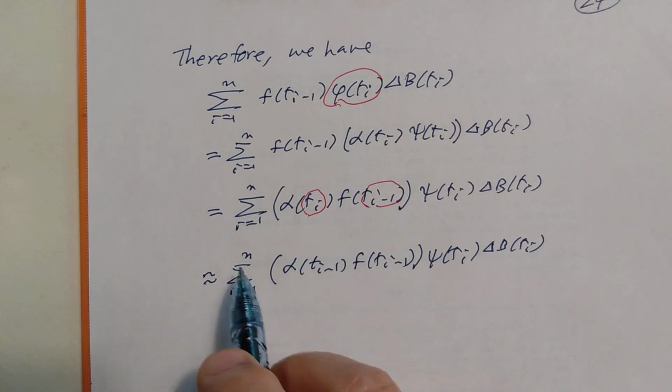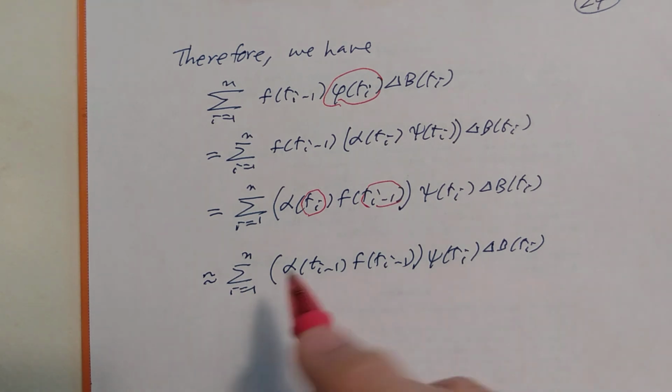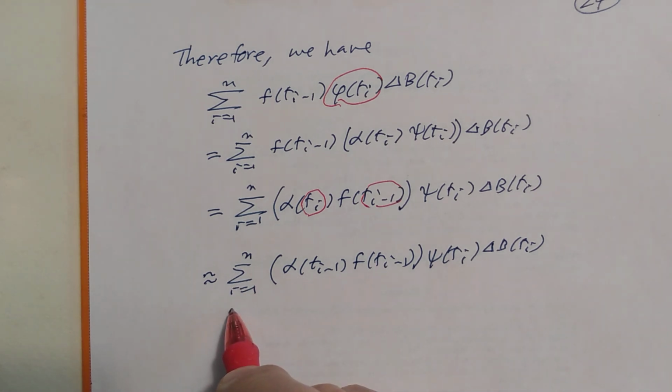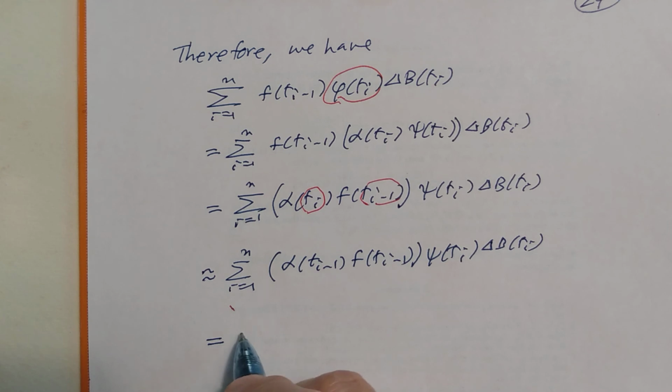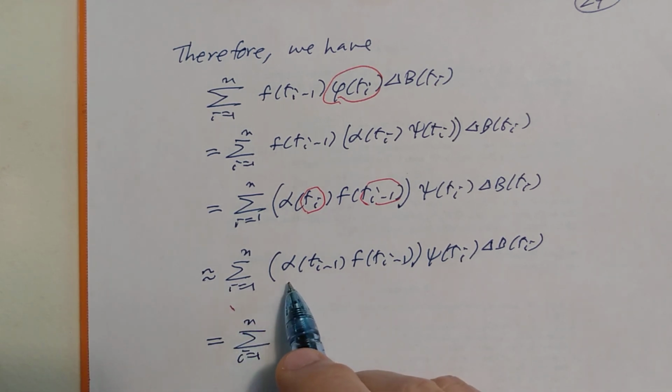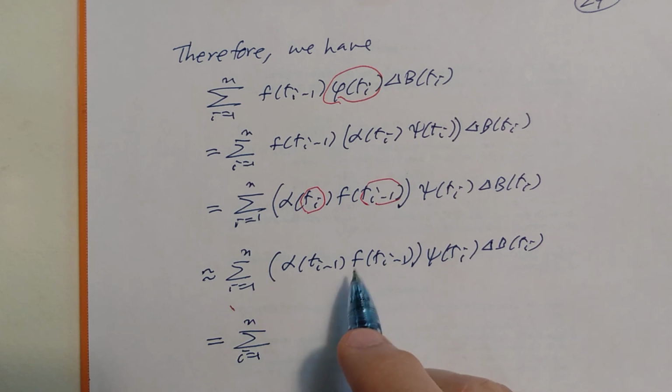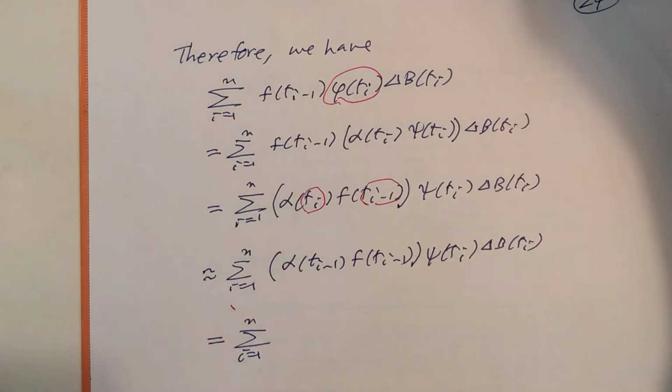Okay, and so you see, we have shown this. Now, that equals what? The summation i from 1 to n, where alpha times f is g.